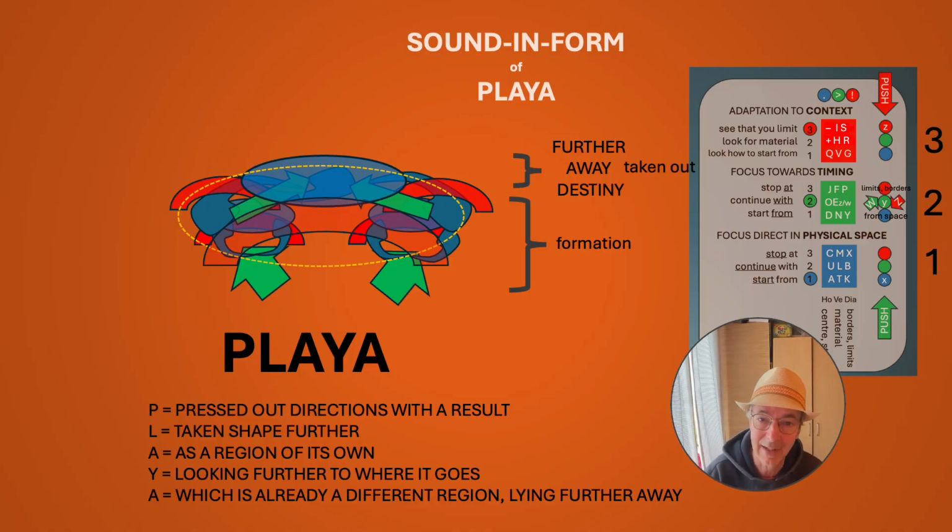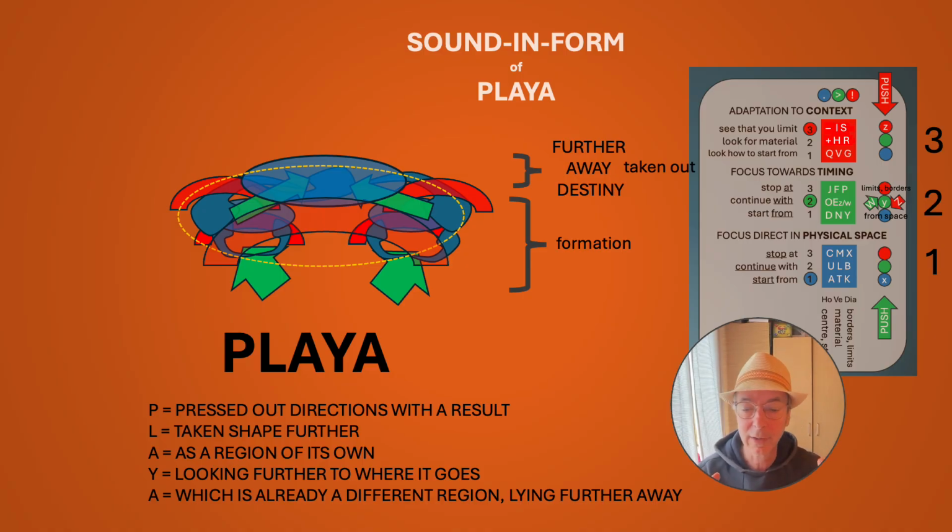So the pla is that whole formation of that beach, which is forming the situation, is forming itself. It's pressing out its results. It's shaping itself further, again and again, as a region of its own. With the ya, it will try to look even beyond that, see where it goes, how far it goes. It is looking almost further than it can see directly.